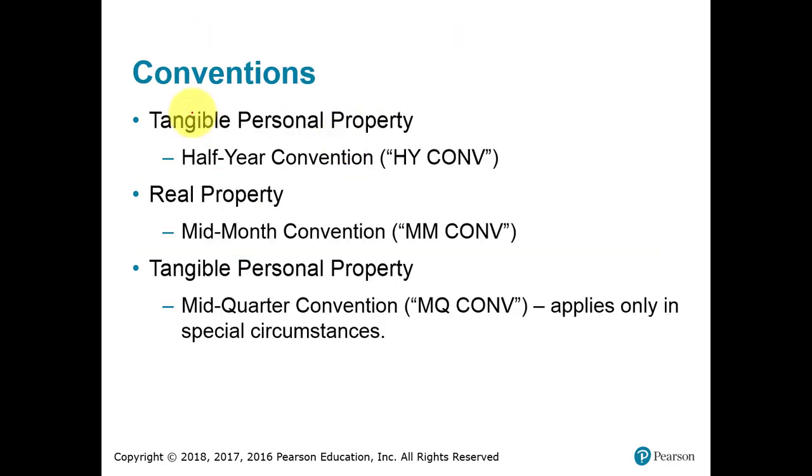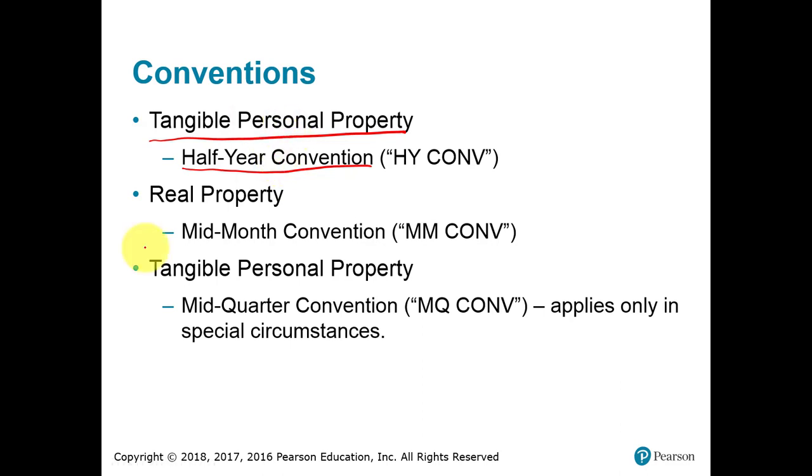So if the asset you're depreciating is tangible personal property, versus real property or intangible property, the general rule is that you use the half-year convention. Half a year's worth of depreciation in the year you first place it into service, and half a year's worth of depreciation, adjusting the amount on the rate from the tax table, in the year you dispose of it.